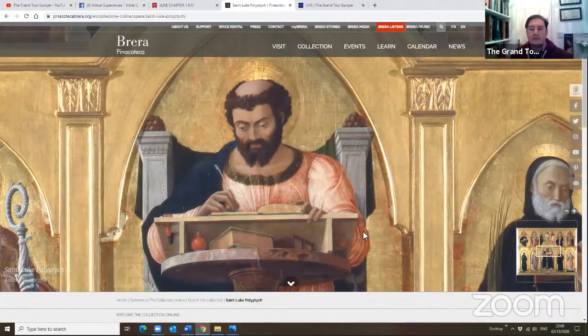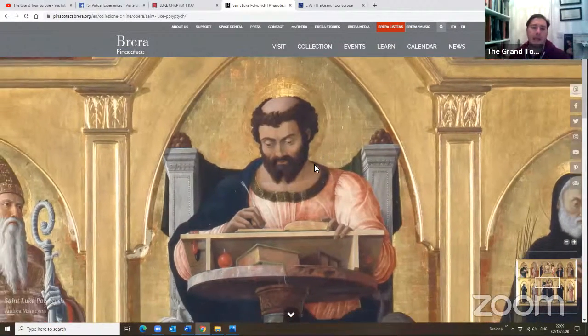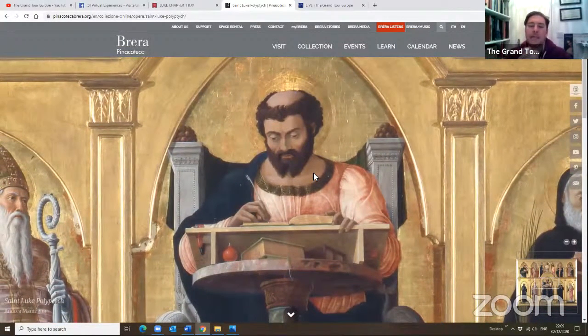Now it's very interesting how Saint Luke was represented by Andrea Mantegna. Now we have to know first of all that Donatello made the altar of the Basilica of Sant'Anthony in Padua around the same years. It was finished by the time Mantegna started painting this altarpiece.